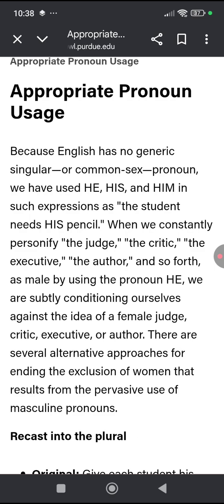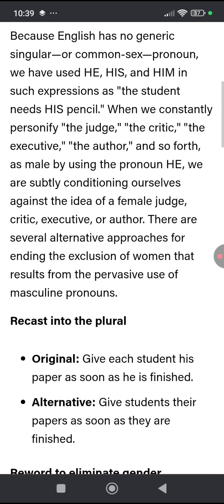Student needs her pencil. So we're told that when we use common nouns like judge, critic, executive, author, and so on, and we use the masculine pronoun he to refer to them, we are subtly conditioning ourselves against the idea of a female judge, critic, executive, or author. So, there are several alternative approaches for ending the exclusion of women that results from the pervasive use of masculine pronouns.